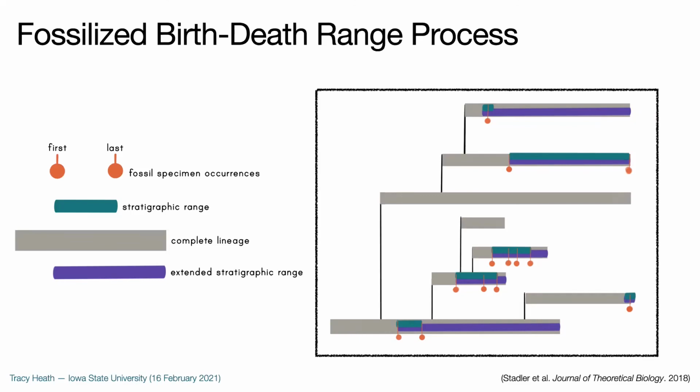And in the end, we can also marginalize over the underlying relationships among these lineages, even if we have a data set where we don't have the information to actually infer these relationships. Thus, this model can be used to account for the structure in the paleontological data, but also in the case that we do have that information for building phylogenetic trees, it can become useful for fully integrating these stratigraphic ranges into these phylogenetic approaches too.